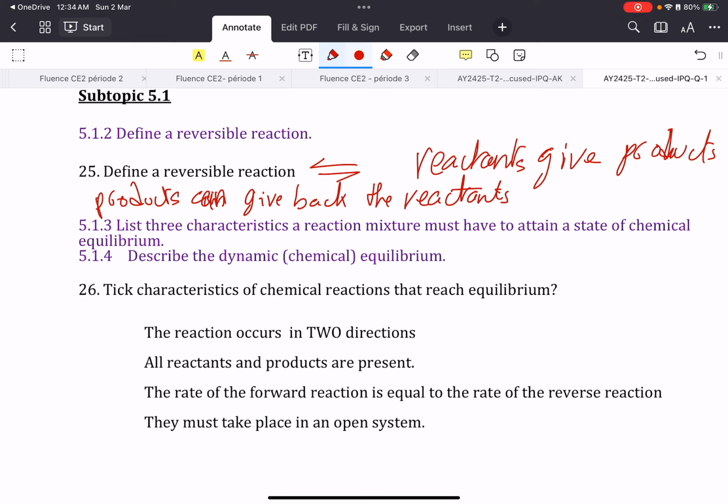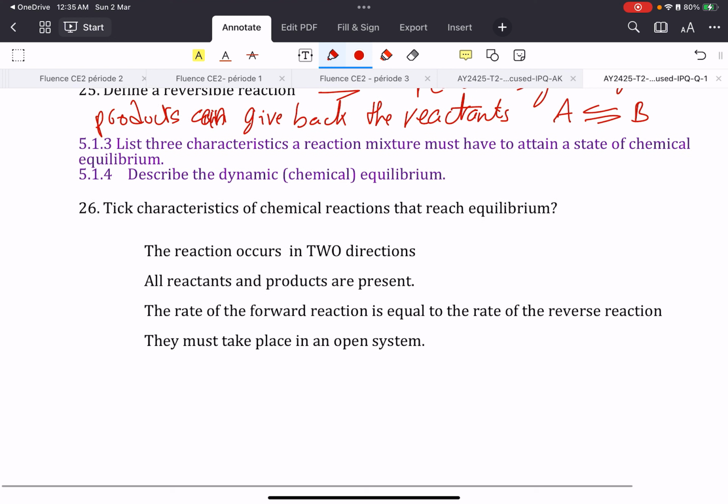It's a reversible reaction. Like A gives B, but B again can give A. So we say that this is a reaction that can go in 2 directions, forward and backward.